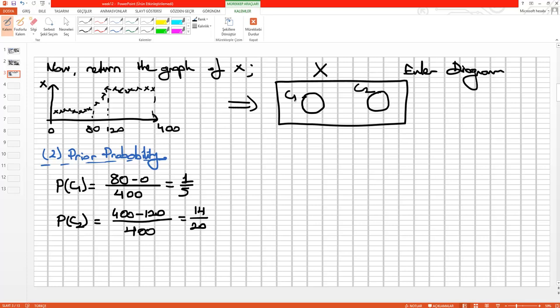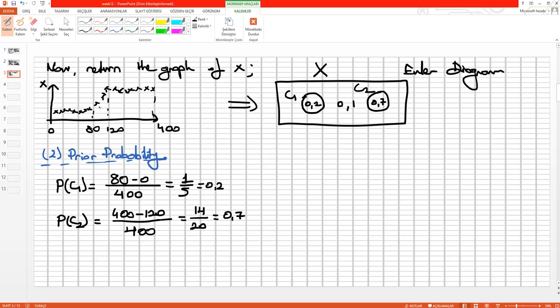So this is 0.2 and this is 0.7, and the remaining 0.1, or 10% of the probability, is given in the unstable range. Neither C1 nor C2 is contained in this region.